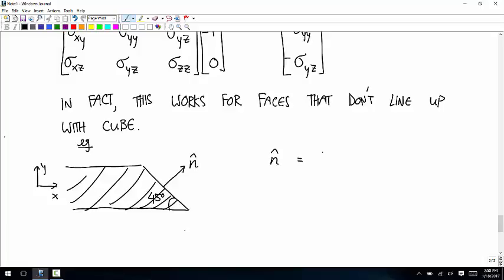So this n would be 0.7071, 0.7071. Multiply that by the stress tensor, and it would tell you what the traction has to be on this face. Often you use it, and I'll do an example of this, but usually measuring that traction on a face like this is the easy part, and you're trying to measure the stress. And so you use this requirement in reverse to figure out what you know about the stress values at the boundaries. I'll do an example of that.